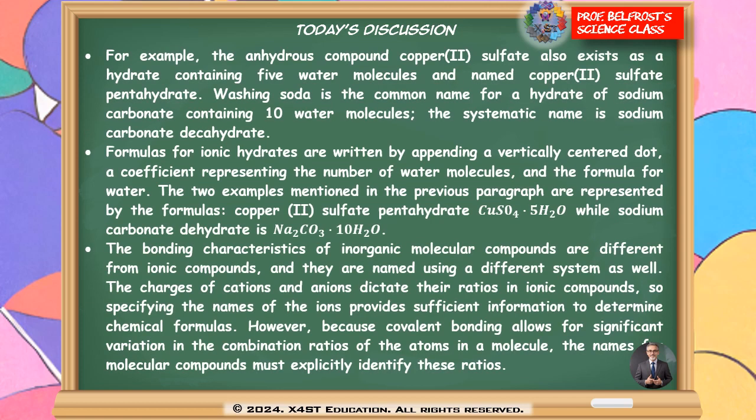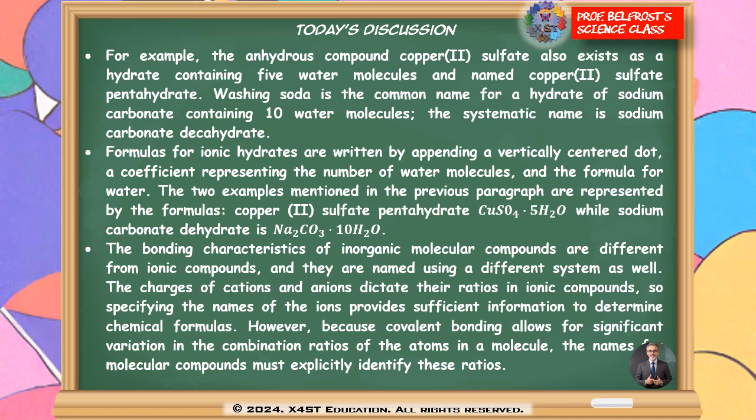For example, the anhydrous compound copper(II) sulfate also exists in a hydrate form containing 5 water molecules, and it can be named copper(II) sulfate pentahydrate. Also, washing soda is the common name for a hydrate of sodium carbonate containing 10 water molecules, and the systematic name for this is sodium carbonate decahydrate. Very simple, right?